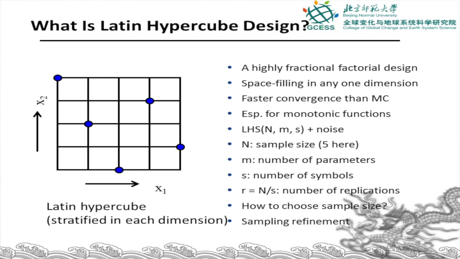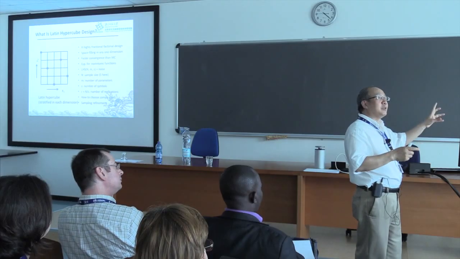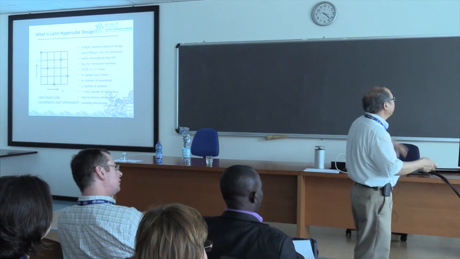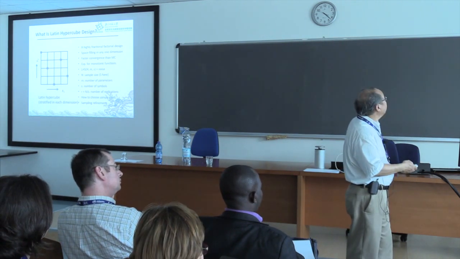Sometimes it's also called fractional design. But if you have 5 replications, if it's orthogonal, then you become a full factorial.